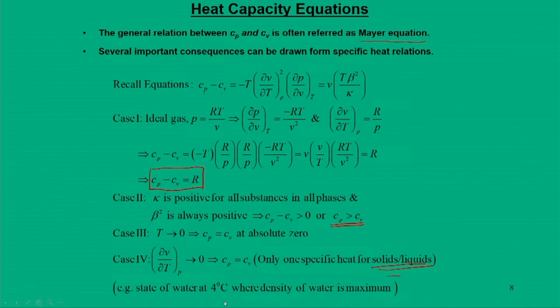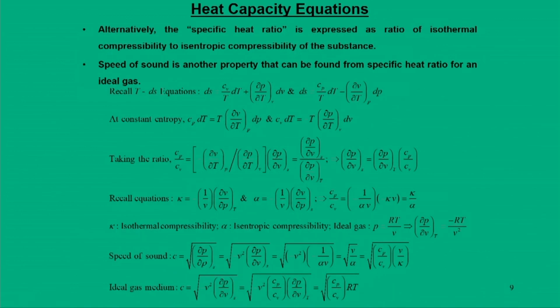One simple example is water at 4 degree centigrade, where the density of water is maximum, and in that situation this tends to 0. So, this is all about the difference between Cp and Cv.